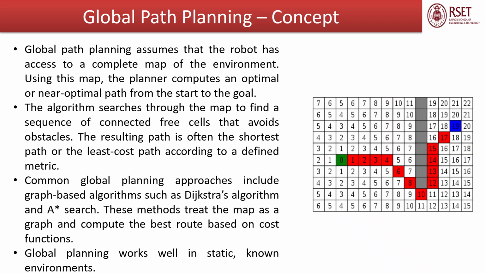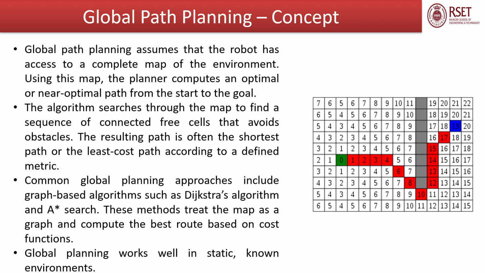Now we will see the next topic, that is global path planning. Global path planning assumes that the robot already has access to a complete map of the environment. In the figure, the environment is represented as a graph. Each cell or node is connected to neighboring nodes. The planner searches through this graph to find the least cost path from start to goal.